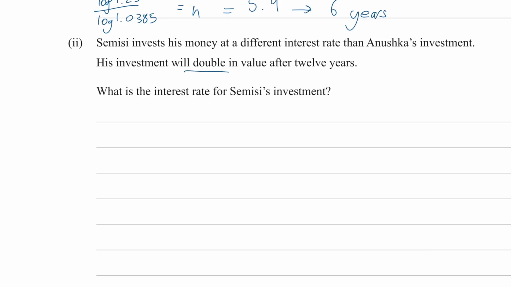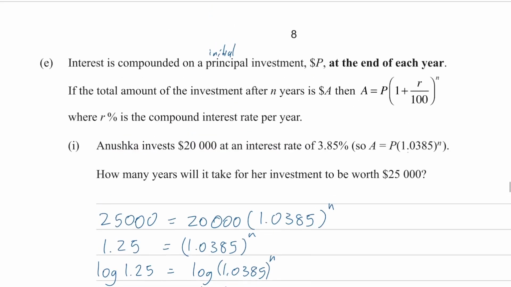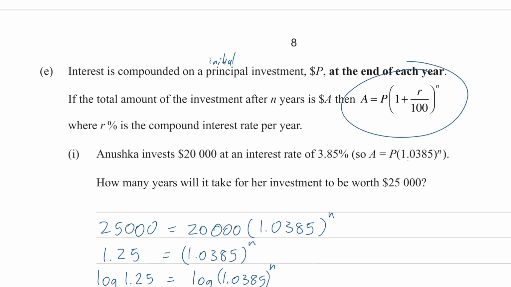We're not given what his initial amount was, though. So let's try put this information into an equation. Just a reminder, this equation up here relates the investment amount to the initial amount, the rate, and the number of years. So let's use that.